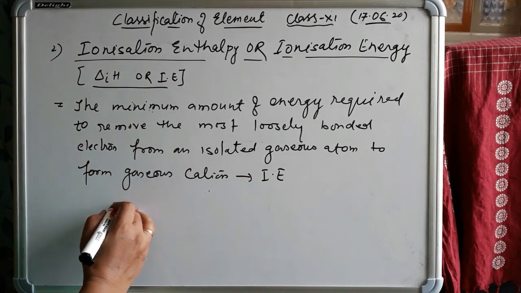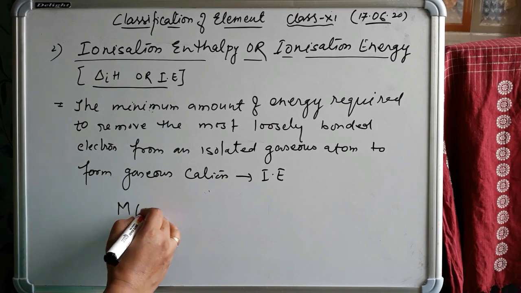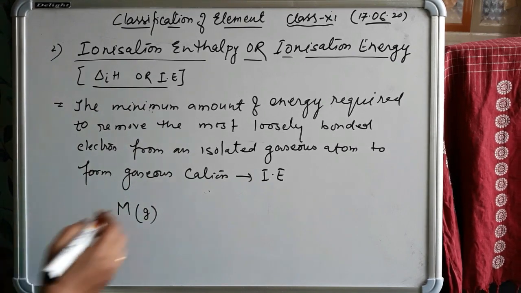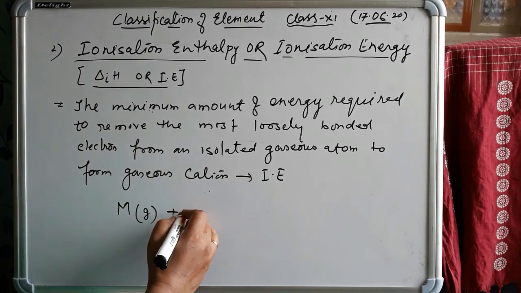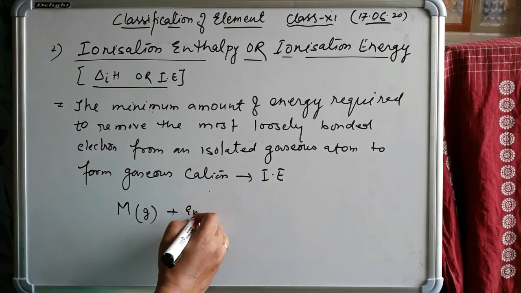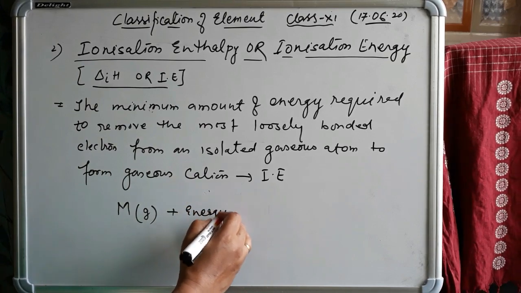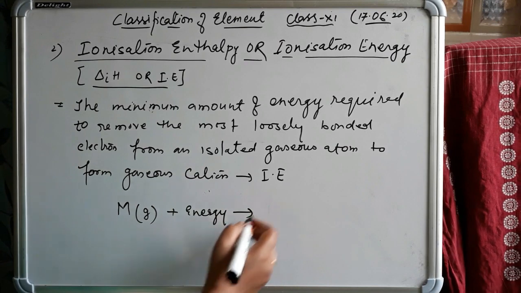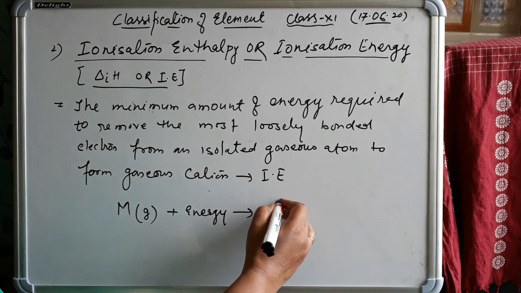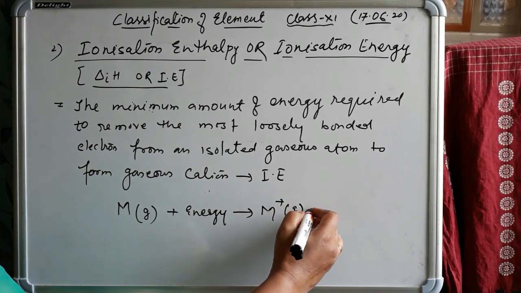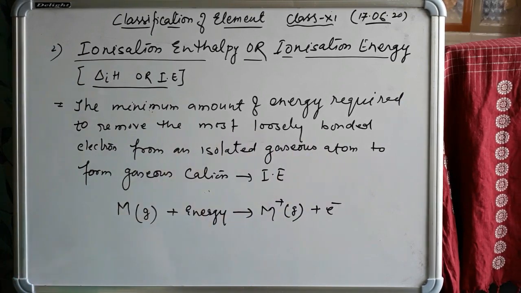Suppose we have M gas and we use energy to remove an electron, so it becomes M cation and the electron is removed.